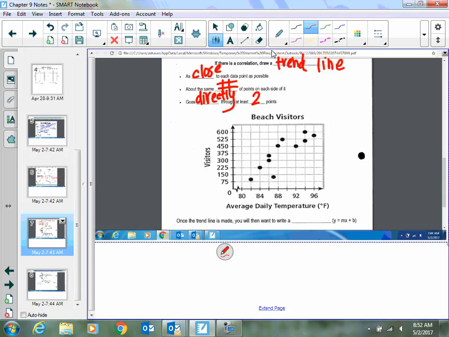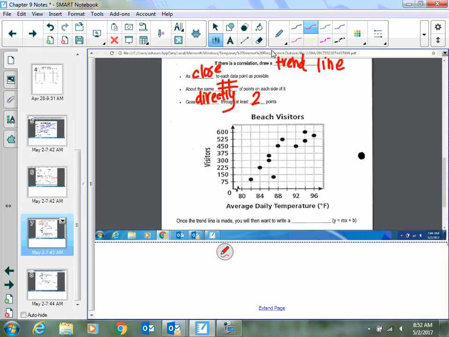So you want to get it as close to each point as possible, same number of points on each side, and you want it to go directly through at least 2 points if you can. Sometimes that's not possible. So you all are going to draw a trend line with me. This is the only time that our trend lines will be the same.